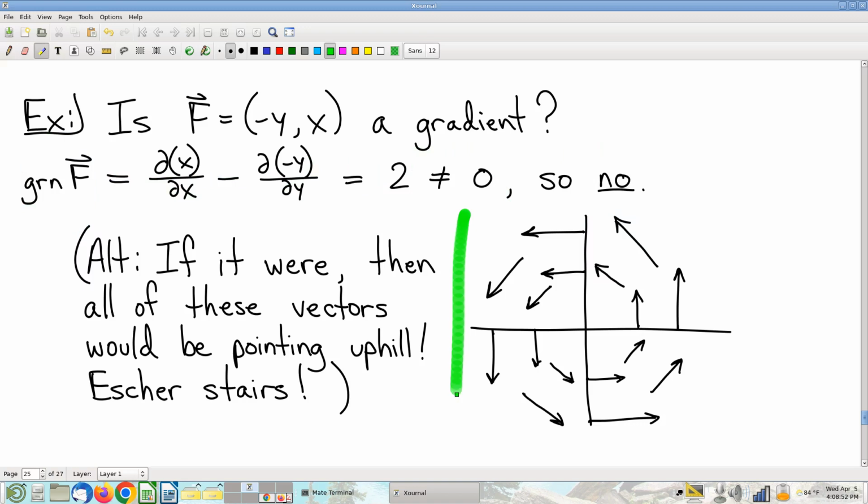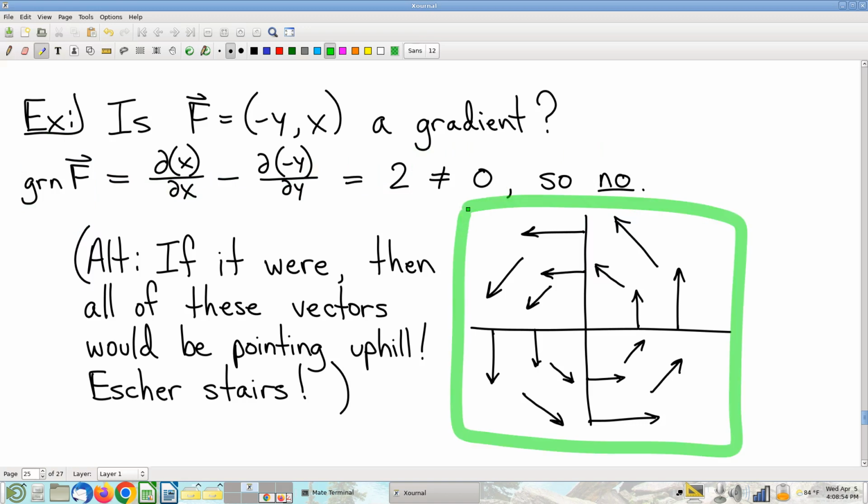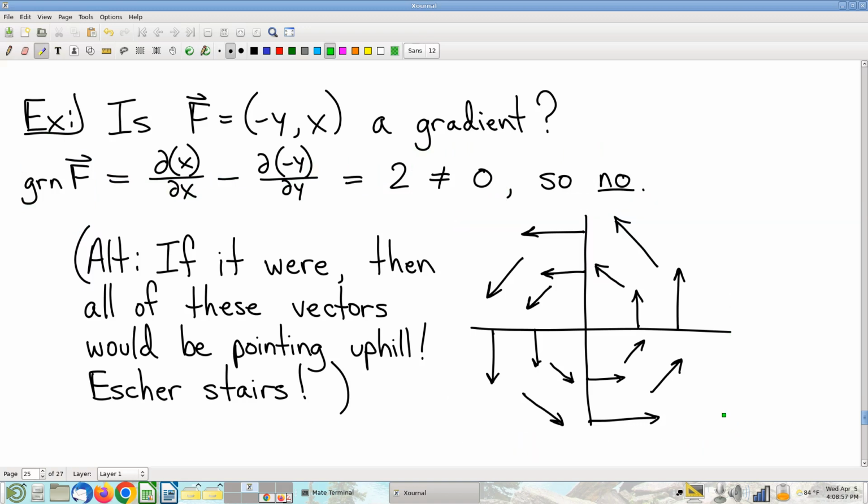Let's think about this vector field just from a geometric point of view. If this were a gradient, let's think about what would happen if I were to start at this point right here and do like that. Well, if it were a gradient, it would have to be path independent. That vector line integral would have to be 0, but it isn't.